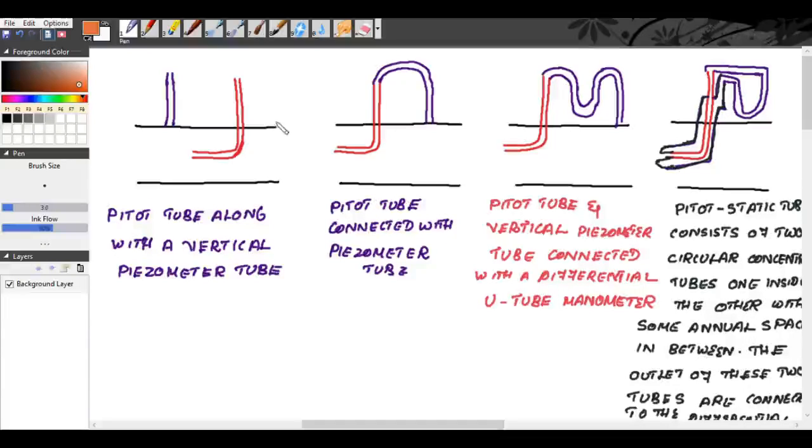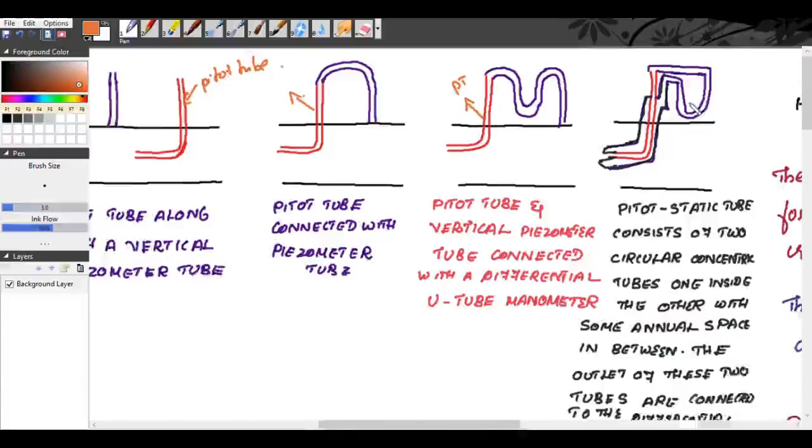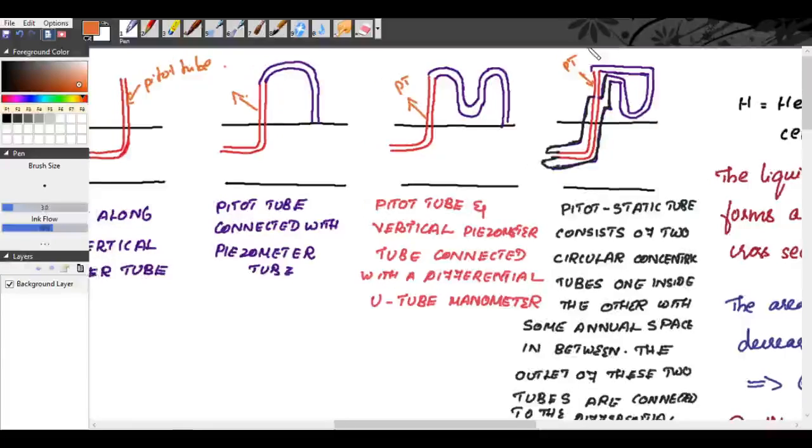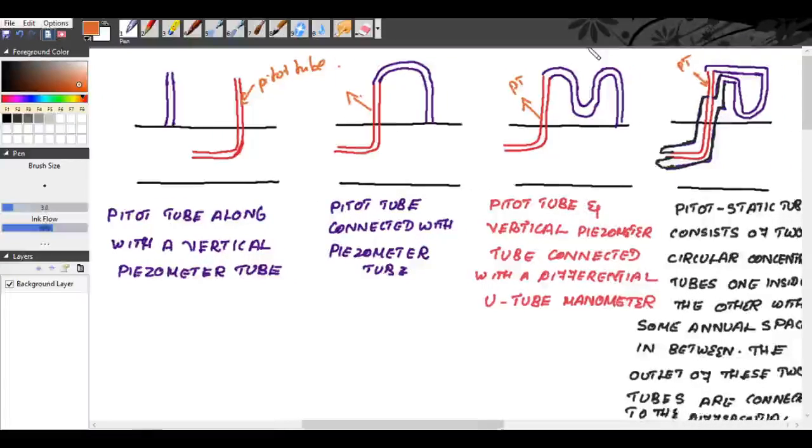Now, for finding the velocity at any point in a pipe by Pitot tube, you can have any of the following arrangements. This is our Pitot tube. Everywhere this red color is the Pitot tube. So we have 4 different arrangements. The first arrangement is, here, this is our pipe.